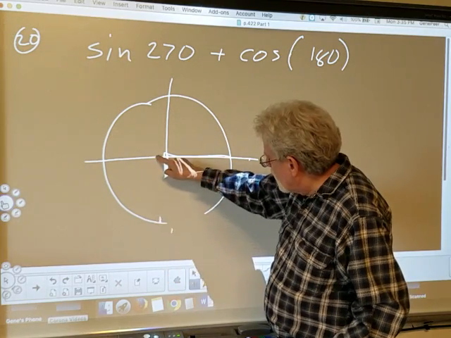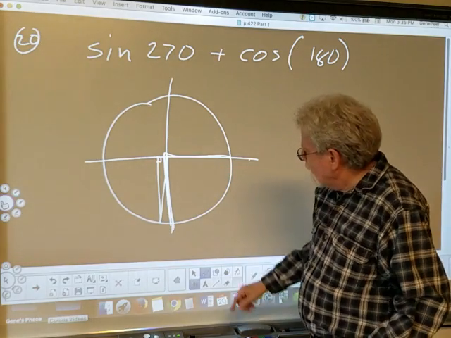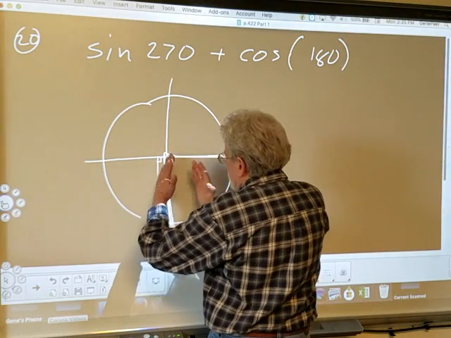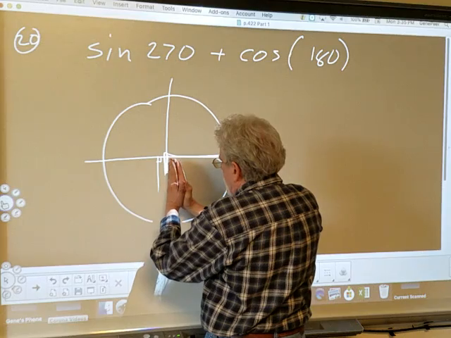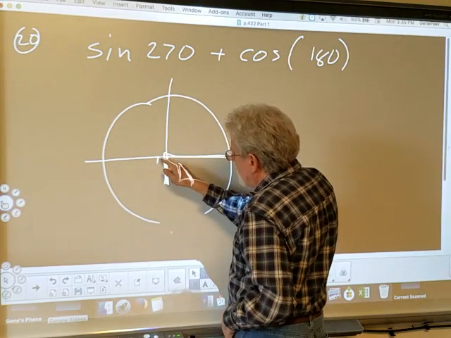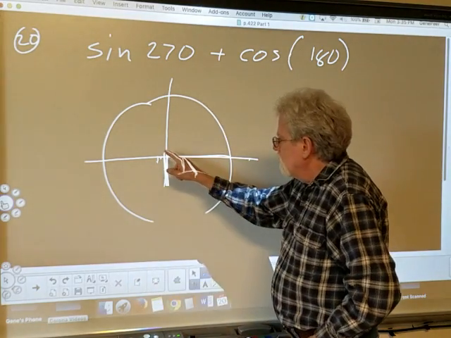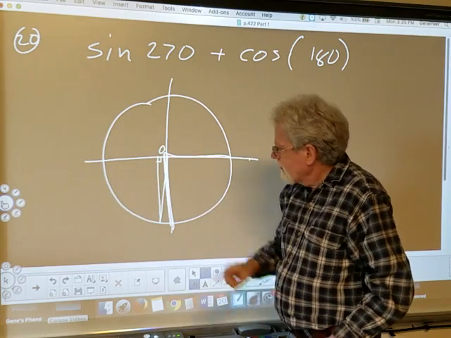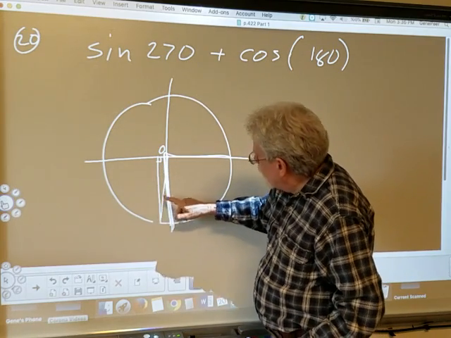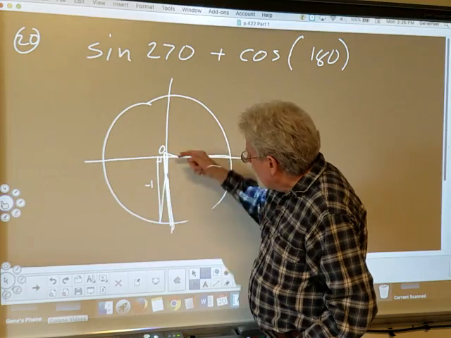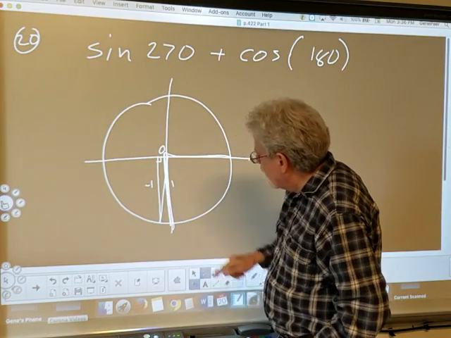We'll do this with the understanding that if this were really where it belongs, how big would this adjacent side be? It would actually be 0. And the opposite side would be -1. And the hypotenuse would be, as always, 1.